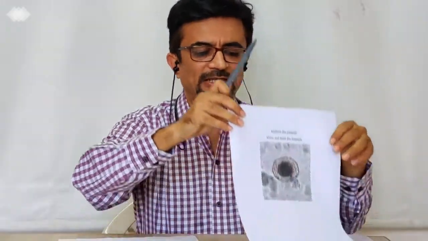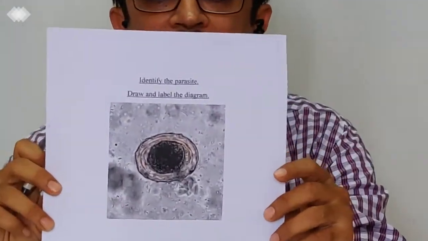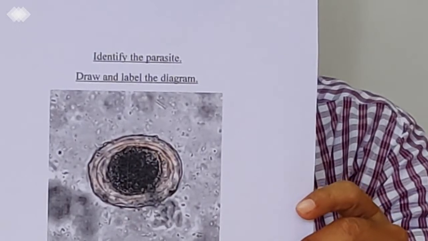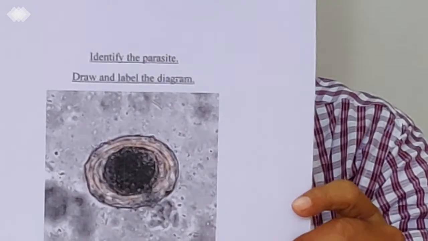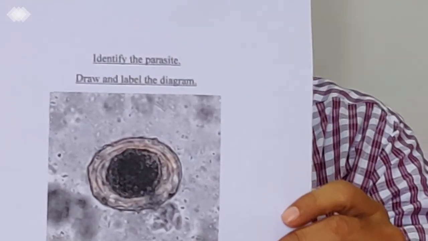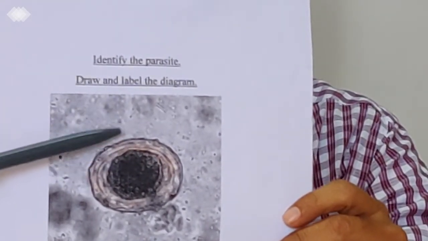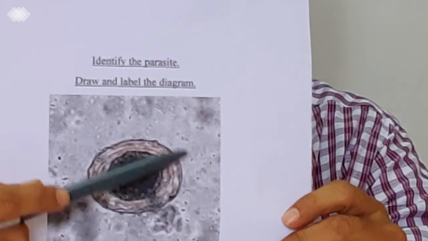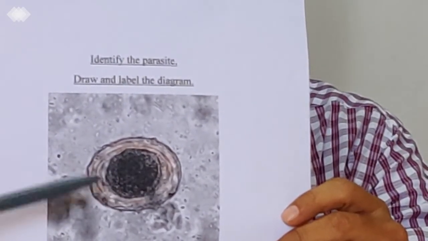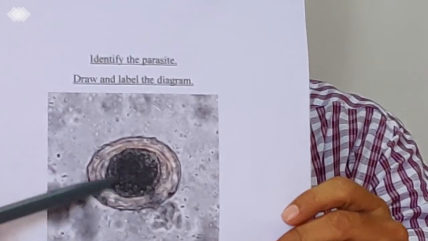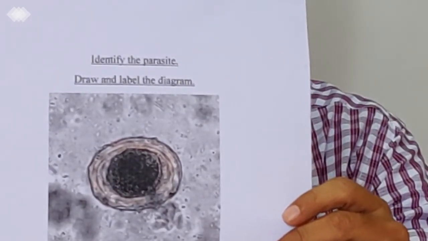Next, this is the round one, the egg of Ascaris lumbricoides, which is commonly seen in stool preparations. There is a rough boundary. It is yellowish brown in color, and in a fertilized egg you will see the ovum inside.